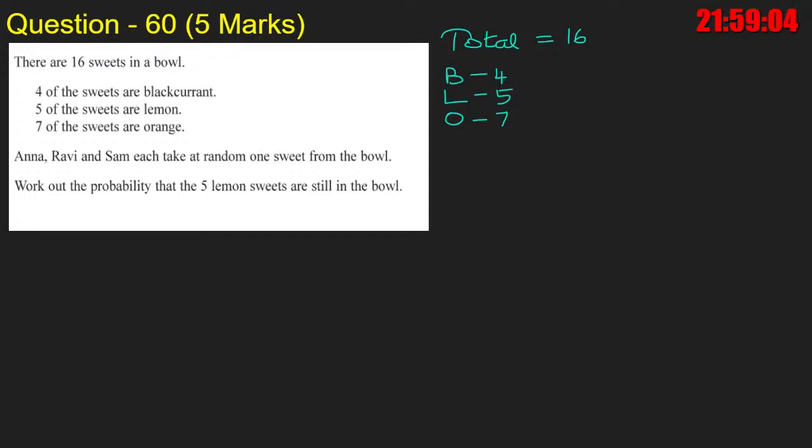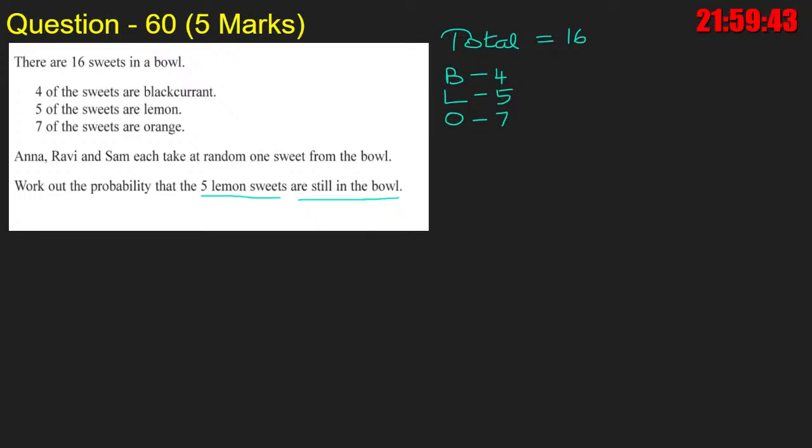Anna, Ravi and Sam each take at random 1 sweet from the bowl. So in this type of question, you need to assume that Anna is taking first, then Ravi, then Sam, right? Each takes at random 1 sweet from the bowl. Work out the probability that the 5 lemon sweets are still in the bowl. That means 5 lemon sweets are still in the bowl, meaning nobody took the lemon.